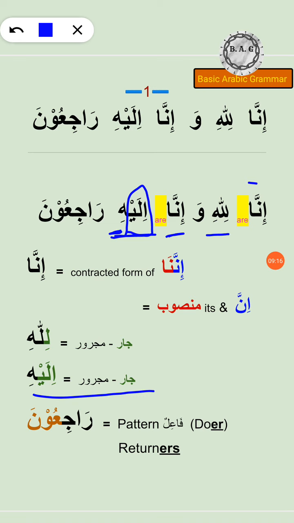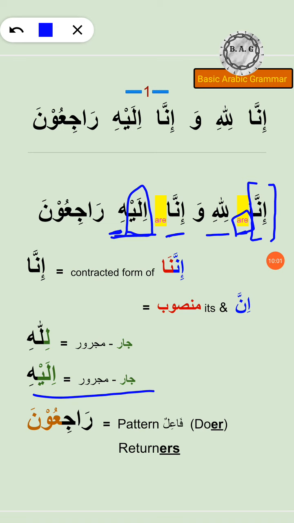In the previous lesson, I told you 5 points about the Haruf Nasb, and I also told you in those 5 points that the combination of Harf Nasb and its ism is preceded by the appropriate auxiliary verb. So that's what we can see here. Inna, indeed all of us, or indeed we are. For the English translation, of course, we don't need are here, because it says that indeed we belong to Allah.